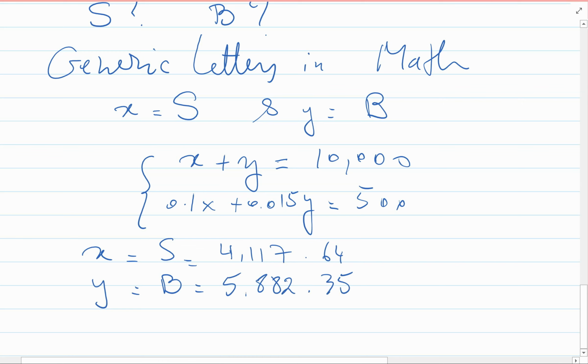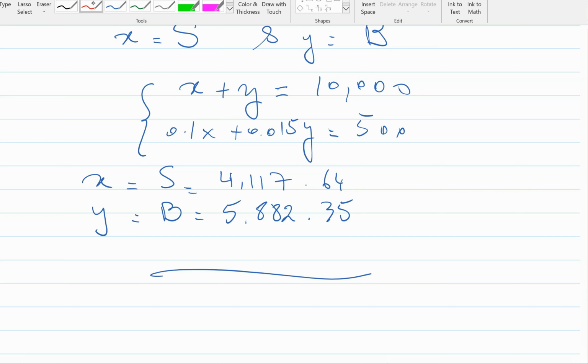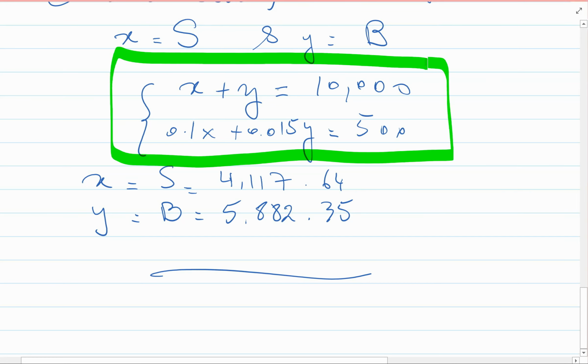So in this case, the system has one solution. Once you make them known, the known numbers associated to x and y are called a solution. We'll talk about this later on. I just want to give you this example. What you see right here is an example of a linear system.